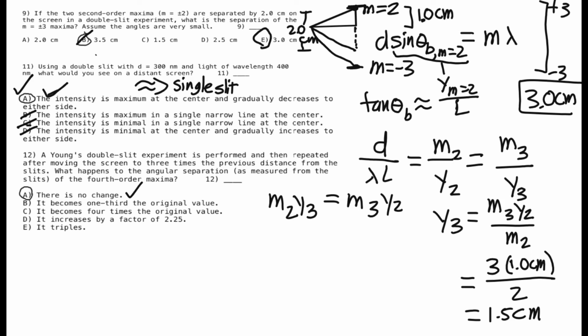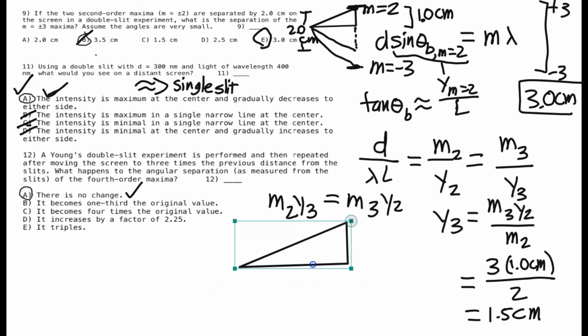Another way to think about this is that if you take this right triangle and move the screen back, all you've done is keep the same angle but scale the triangle up.